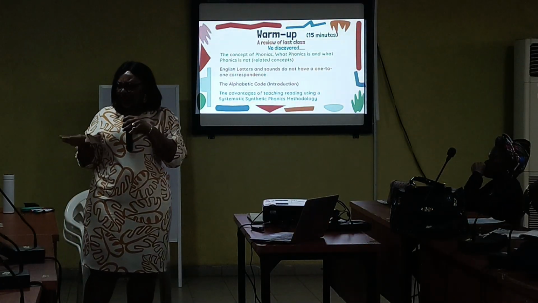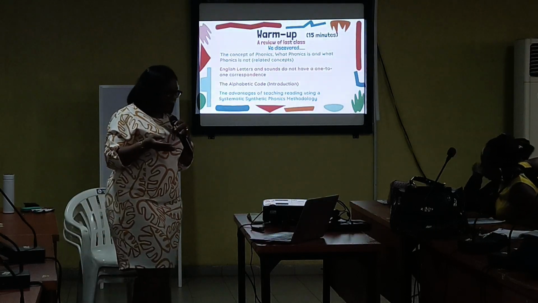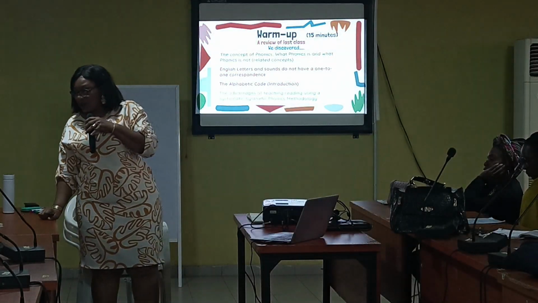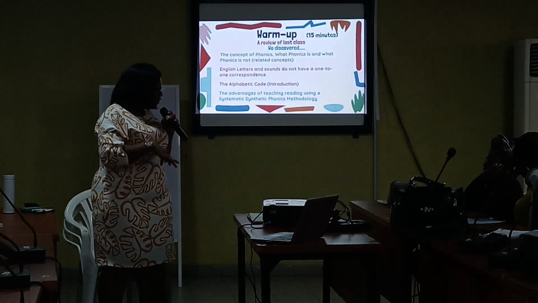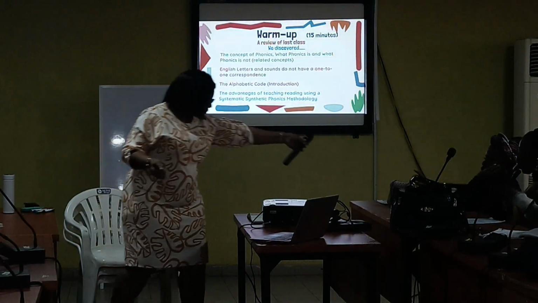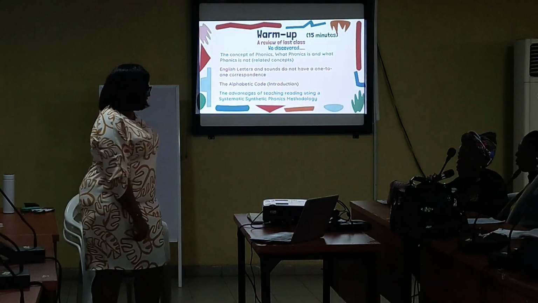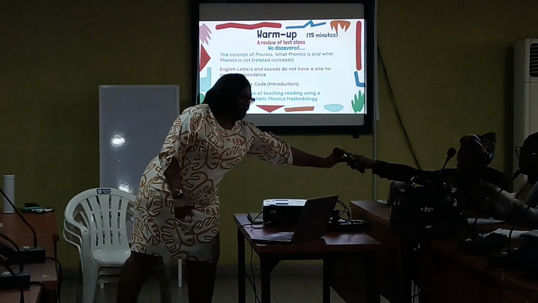We also know that the sounds of the letters don't have one-to-one correspondence. So we found out that we had how many sounds in English? And how many letters? So why do we have a disparity between the number of letters and the number of sounds? Because one letter can be more than one sound. Thank you.